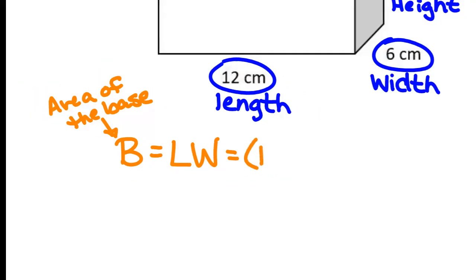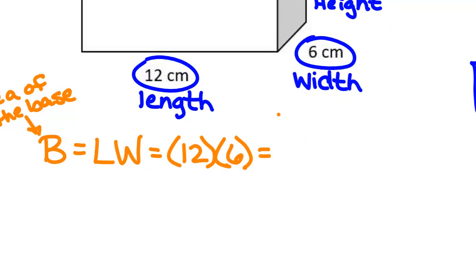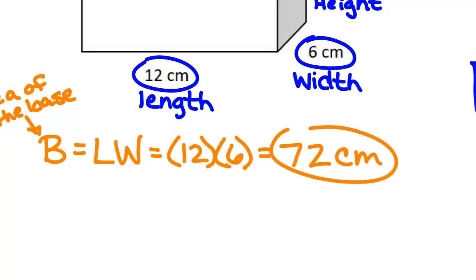So 12 times 6. What is 12 times 6? 72. So 72 centimeters squared for the area of the base.